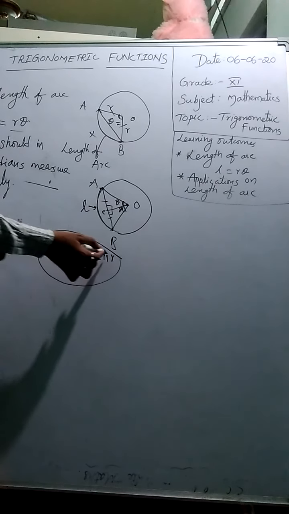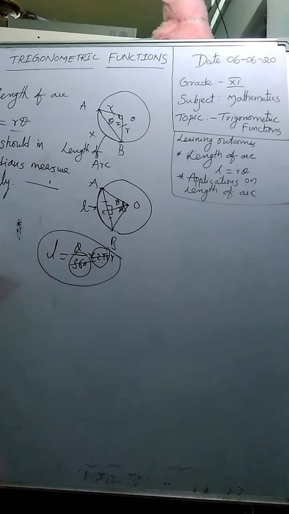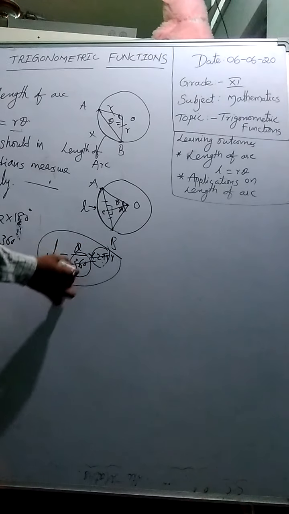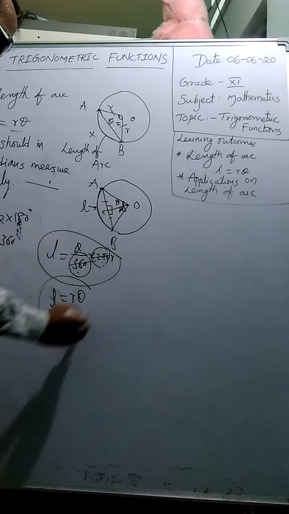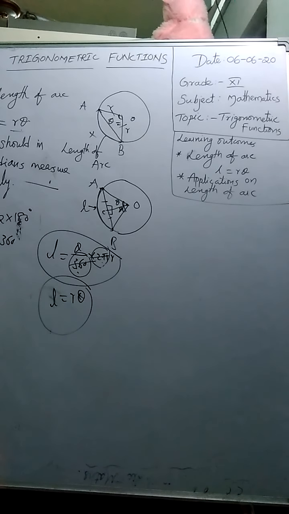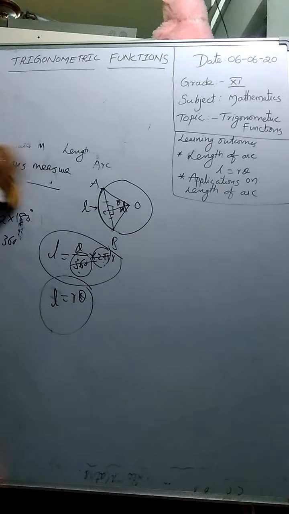Here 2 pi in radian measure is nothing but 360 in degree measure, because pi is 180 degrees. So these get cancelled, and we have L equals r theta. Because of this reason we are using L equals r theta. By using this formula we will do problems based on length of arc. So now let us discuss some applications based on this, students.